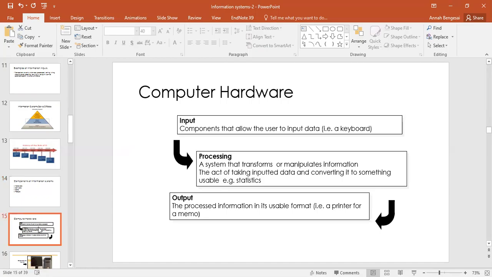In terms of hardware, we know that there are three components to hardware. There's the input, the data that you put into the computer, which is then processed, and processing is simply a system of transforming and manipulating information, taking the inputted data and converting it into something useful.